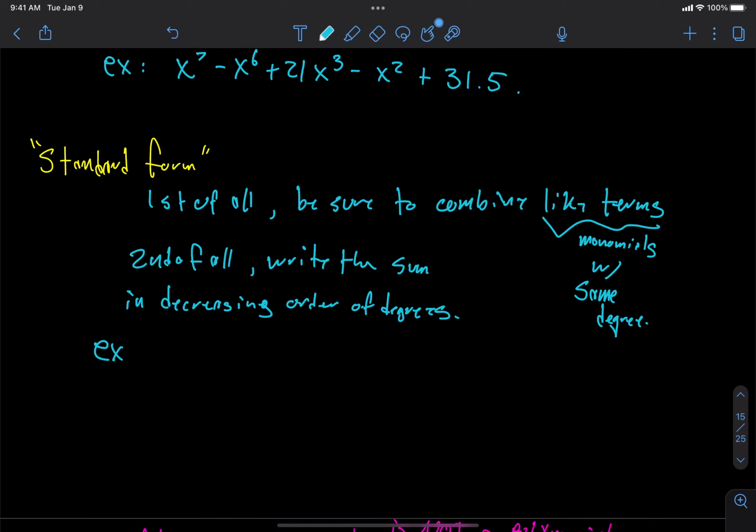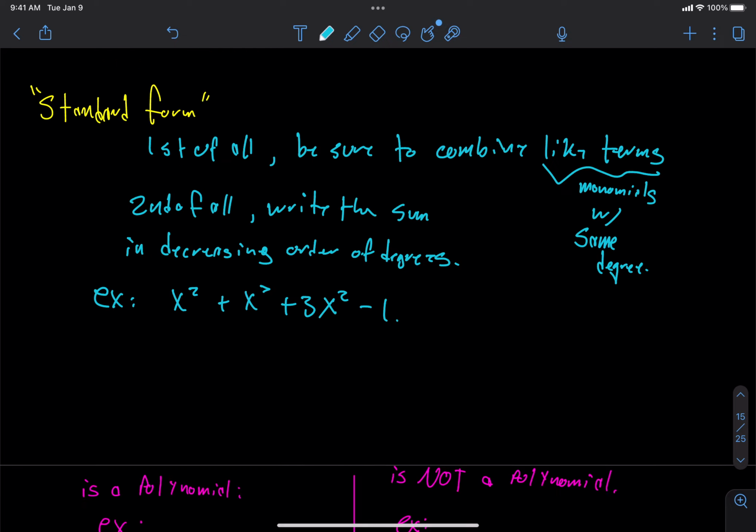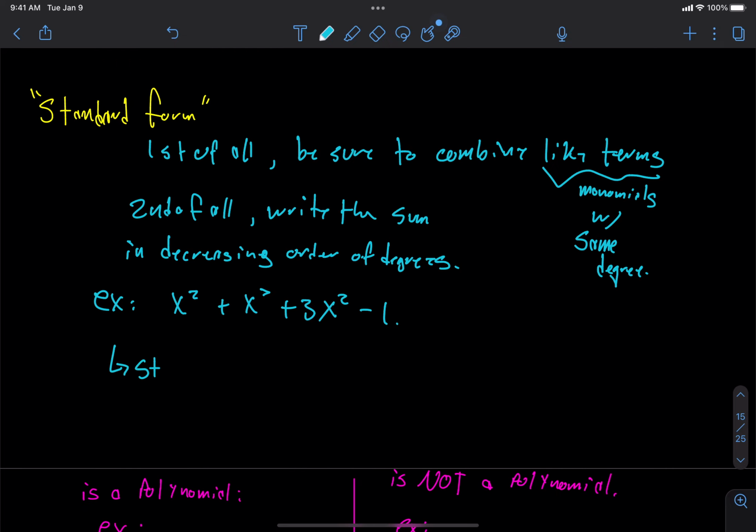Okay, so for example, if we started with something like x squared plus x to the 7 plus 3x squared minus 1. If we wanted to put this into standard form, first we need to combine like terms. I have an x squared and I have a 3x squared. If I combine them, I have 1 of a certain kind of thing and 3 of that same type of thing, so I have 4 of that thing.